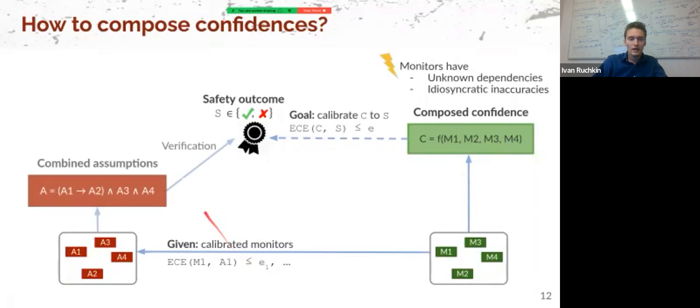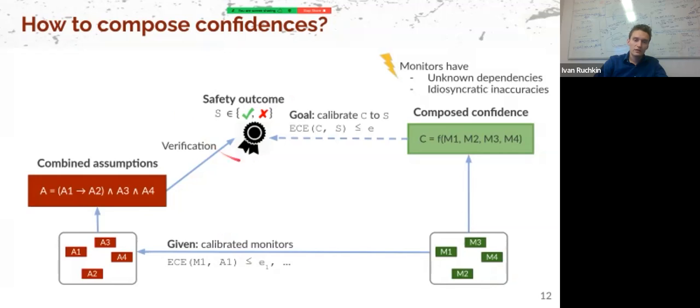Then remember that we also have the combined assumptions, A, under which we verified the system. So we know this relationship between A and S. It's partially probabilistic, partially deterministic, and we learn it by doing this heavyweight design time verification analysis. So now we can start seeing the possible simplification here.